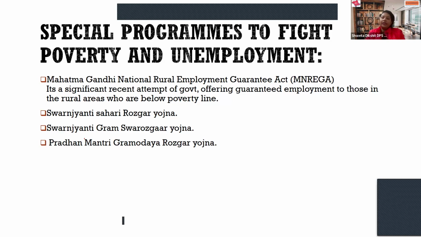The full form of MNREGA is Mahatma Gandhi National Rural Employment Guarantee Act. You have already studied this many times in the junior classes. The same continues here. It is a guarantee program under which the people who are registered get the guarantee to get employment in this scheme.